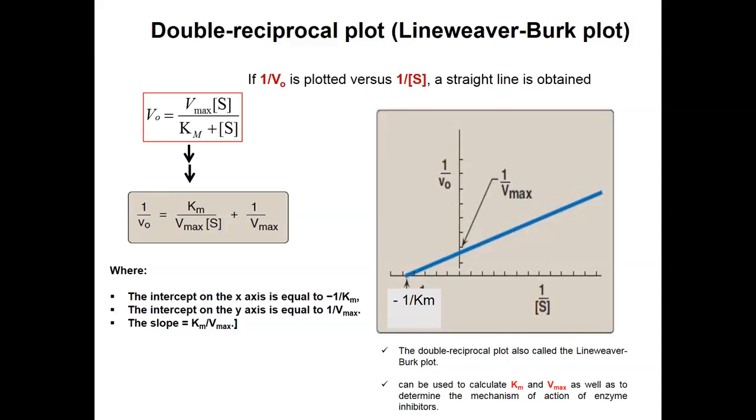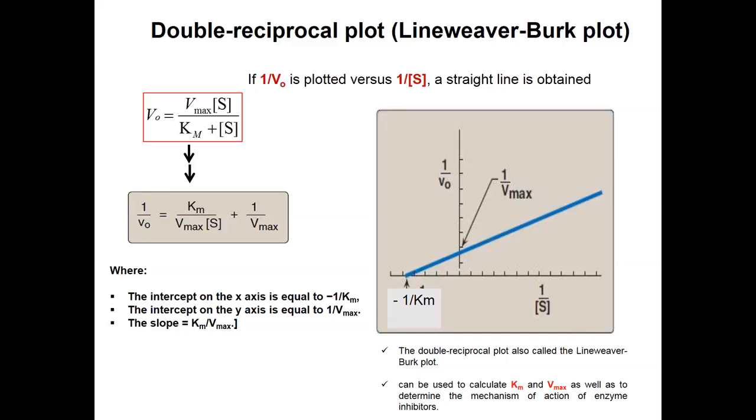So in the x-axis it's 1 over S, and in the y-axis 1 over velocity. If you recall, on the Michaelis-Menten plot, it's substrate concentration on one axis and velocity on the other. What he did is, in the x-axis, take the substrate concentration and inverse it, and take the corresponding velocity and inverse it.